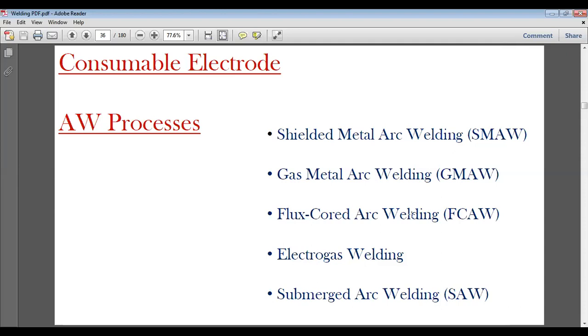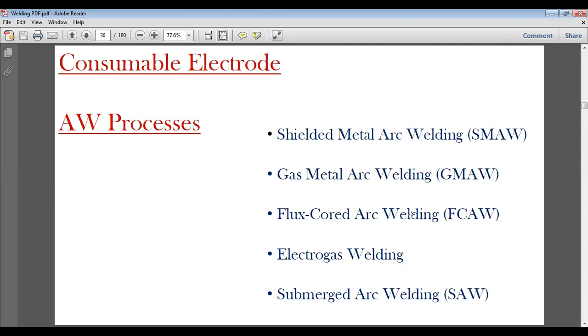I discussed earlier that where pressure is not applied, there we require filler metal, and filler metal could be a separate metal from the electrode, and sometimes the electrode itself is the filler metal.